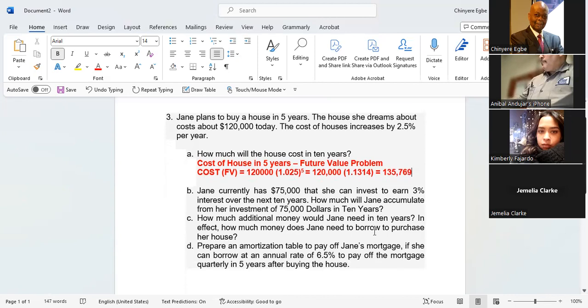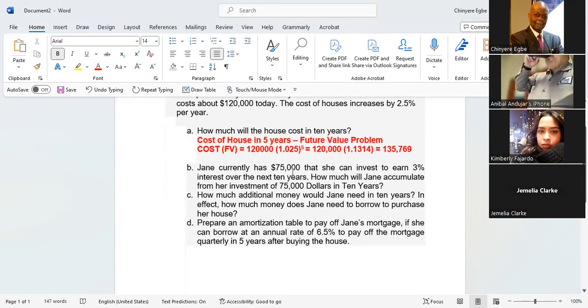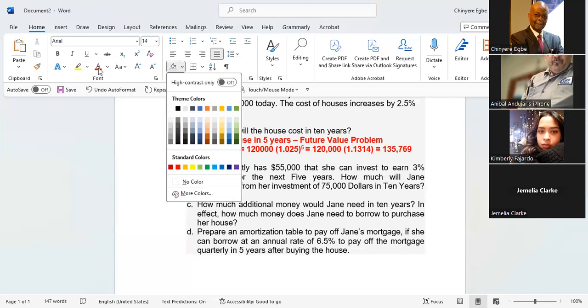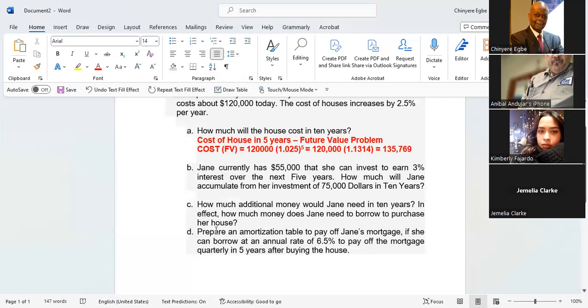Okay. So that's easy. Okay, you have $55,000 today. Let's make it 55. And we are looking at over the next 5 years. So you have $55,000 that grows at 3%.